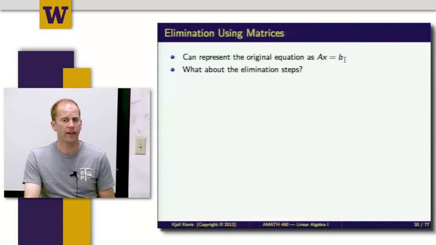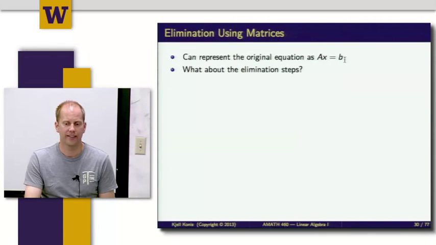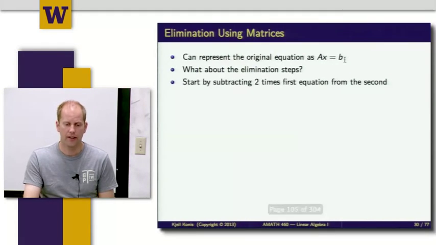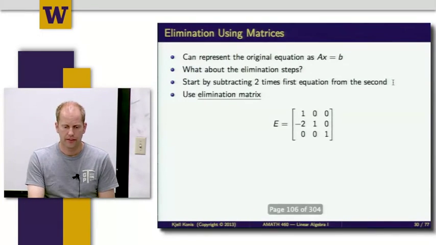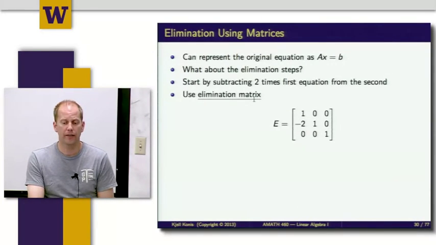And now let's think about what elimination is going to look like in terms of a matrix. So the first thing I want to do is subtract 2 times the first equation from the second. So I want to start eliminating. And so I'll use something called an elimination matrix.